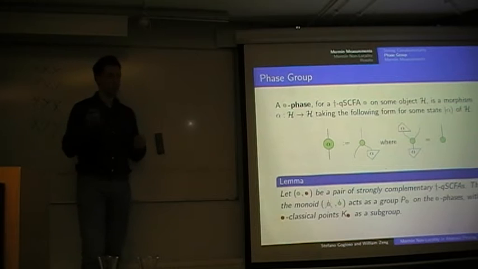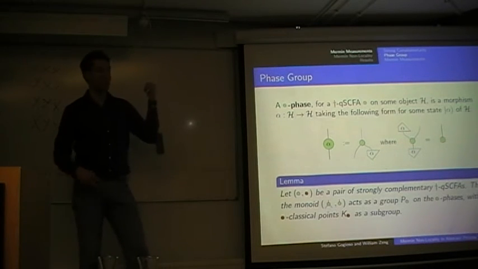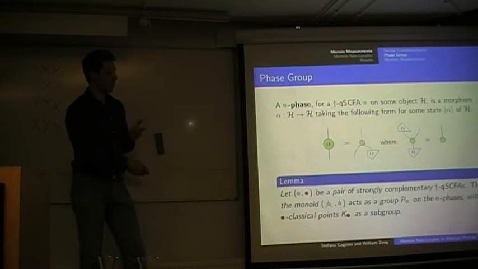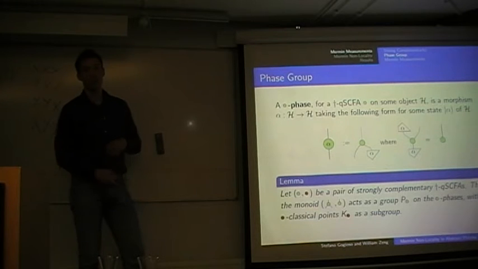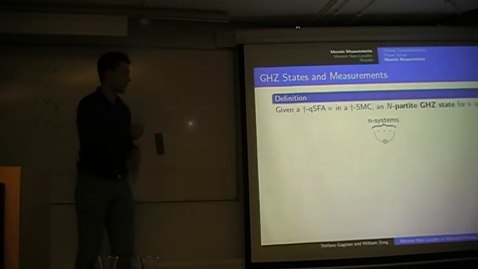So just like how we saw that the green monoid acts as a group on the classical points of red, it also acts as a group on the phases of the green structure. And it turns out that the classical points one is a subgroup of the phase group when these two are strongly complementary. So these are just general results from the literature that apply in abstract groups.